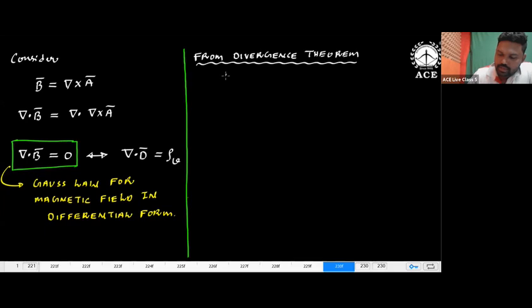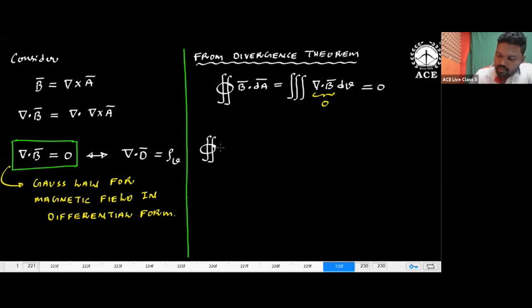Closed surface integral of B dot dA is equal to volume integral of divergence of B into dV. But what is this divergence of B, beta? It is equal to 0. So here you are going to get 0. That means closed surface integral of B dA is equal to 0.